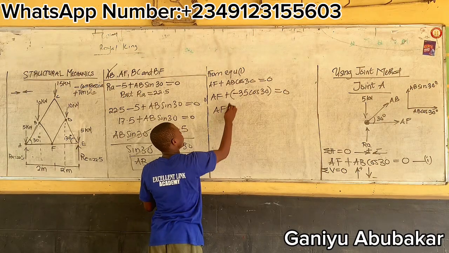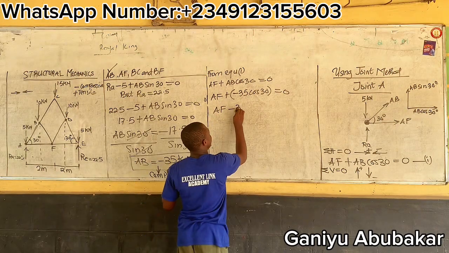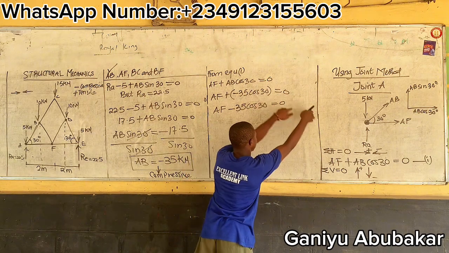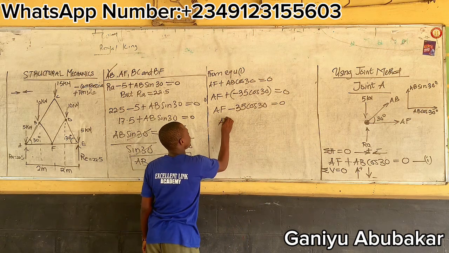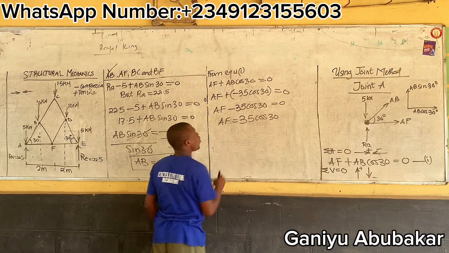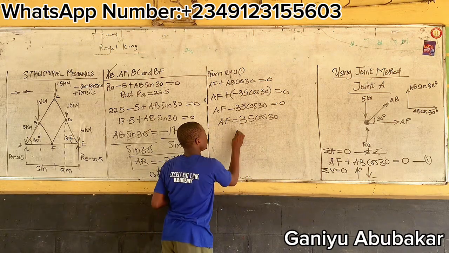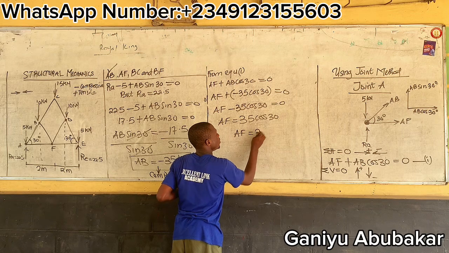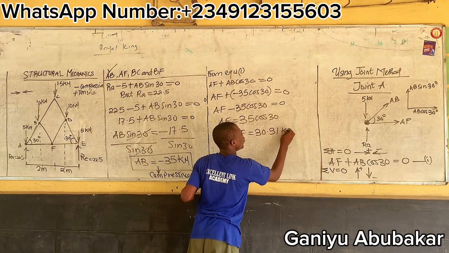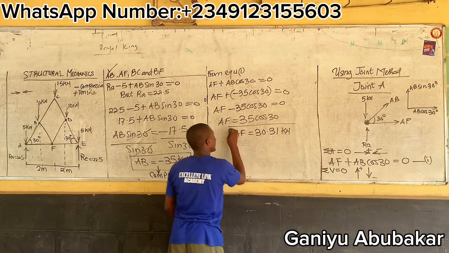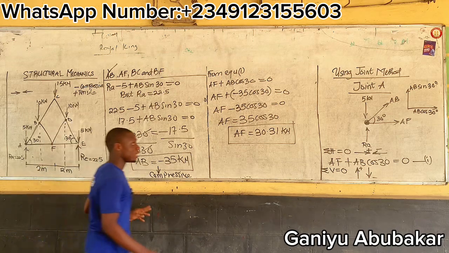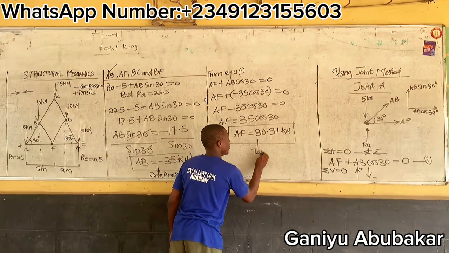AF minus 35 cos 30 equal to 0, so AF is 35 cos 30, which is 30.31 kilo Newton. Is my AF tensile or compressive? Tensile.